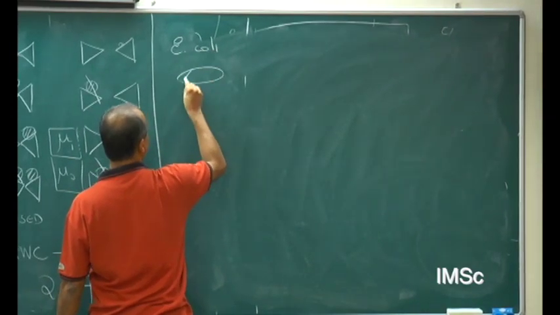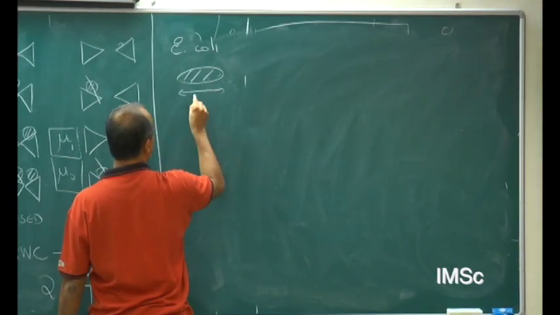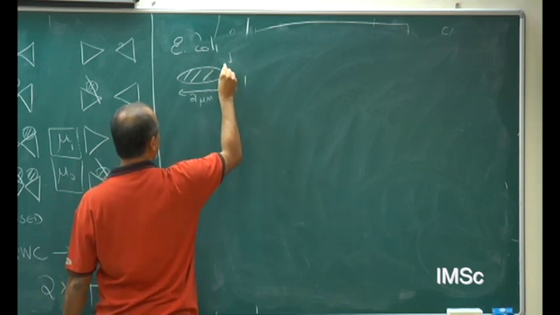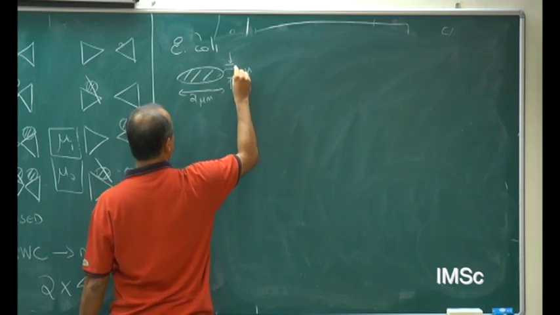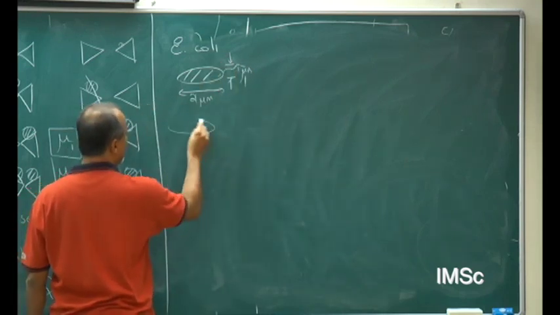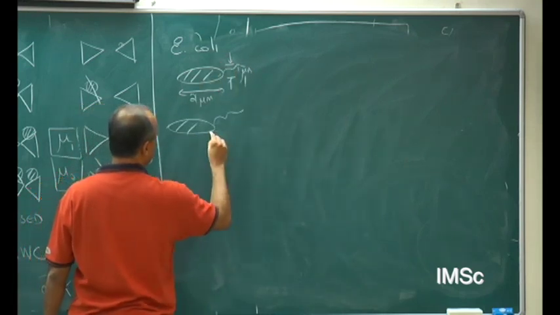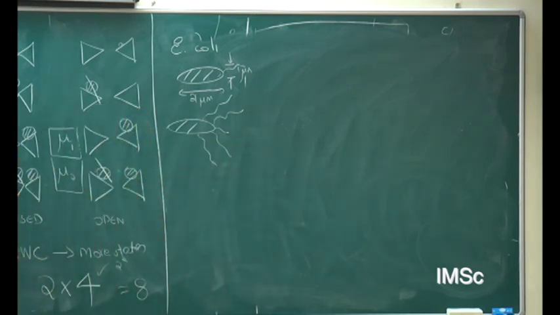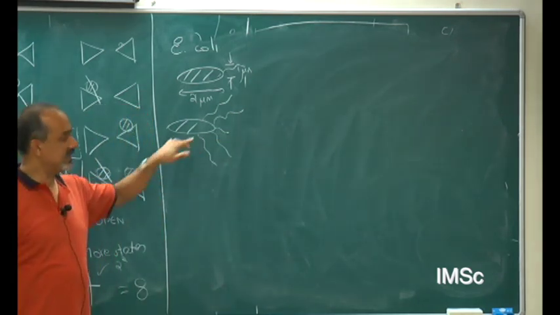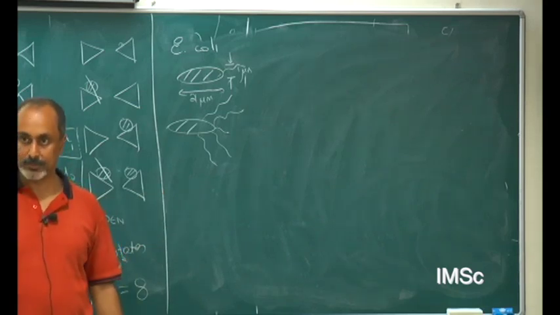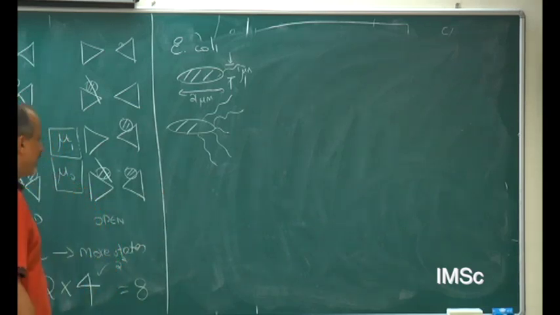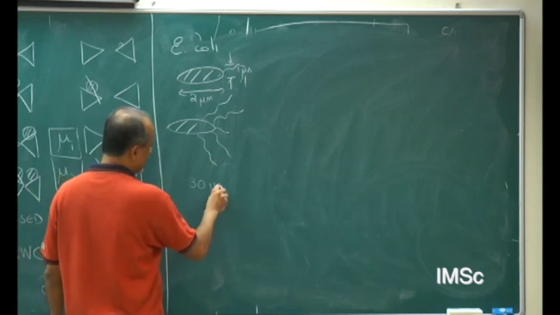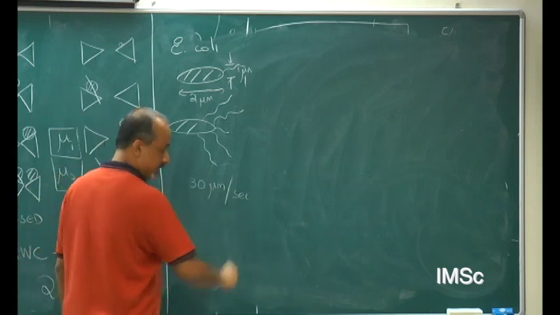We said that it was roughly about 2 microns by 1 micron. I may have also pointed out the fact that E. coli is flagellated. So it has somewhere between 3 and 6 different flagella that typically tend to be much longer than the size of the cell body itself. E. coli swims, so it moves a distance of roughly about, say, 30 microns in 1 second.